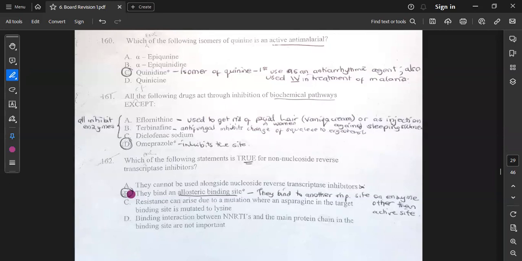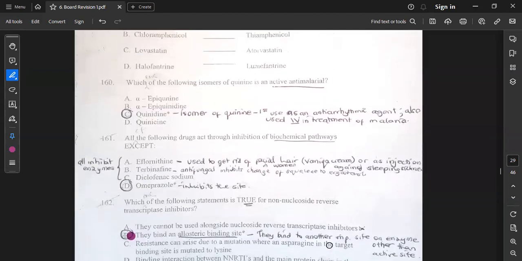Okay, for the difference that this question was covering, I've sent a photo to the group. NRTIs are prodrugs, so they need intracellular phosphorylation. NNRTIs don't need it, because they're not prodrugs.